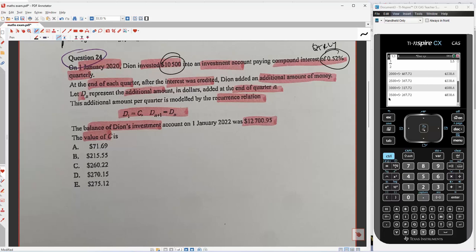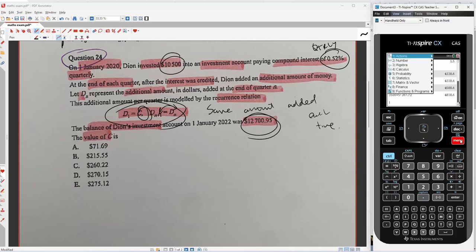So D_{n+1} is the same as D_n. So this recurrence relation is basically saying the same amount is added each time. Alright, so I think all we're going to have to do is work out what the amount being added is, and that will be the value of C. Alright, so the balance after 2 years was this amount here.